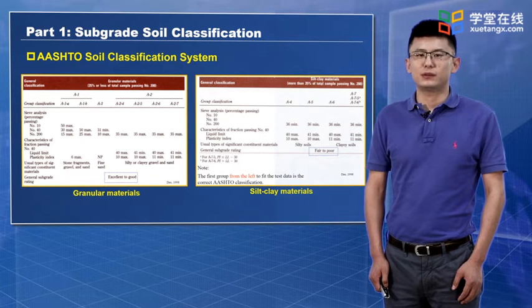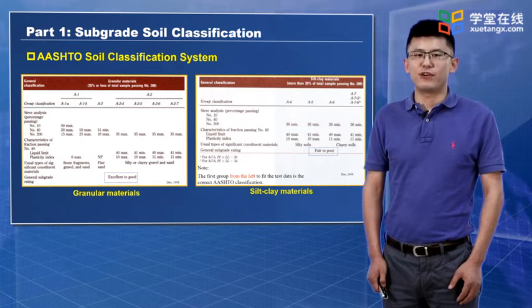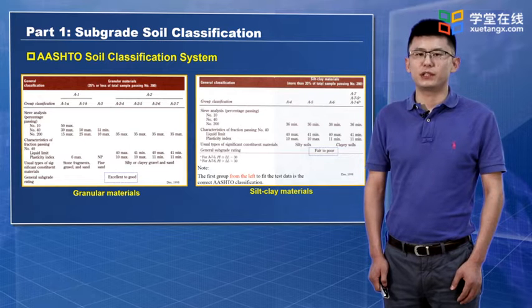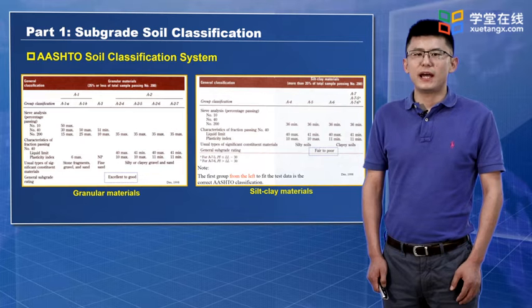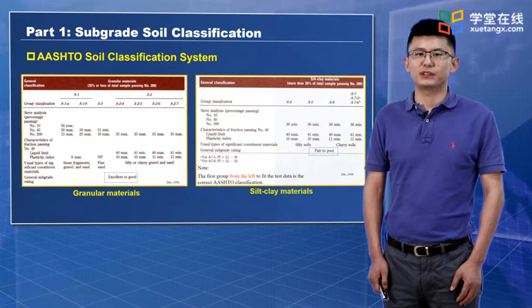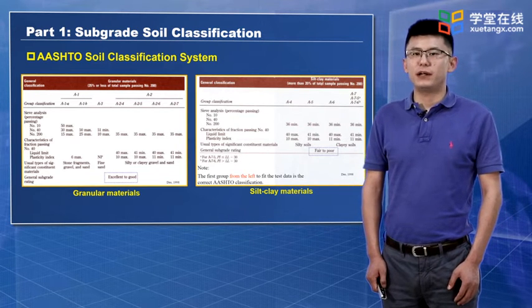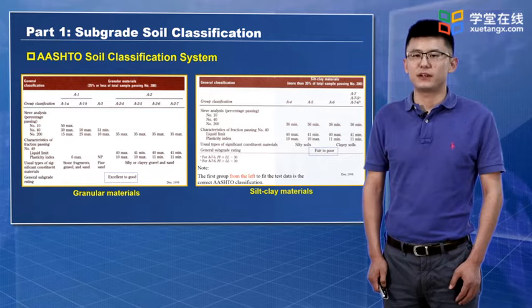A1 to A3 fall into the category of granular materials, and of course, generally they have a larger size. In terms of the performance for the subgrade soils, the granular materials are excellent to good. However, in comparison, the silt clay materials are only fair to poor.